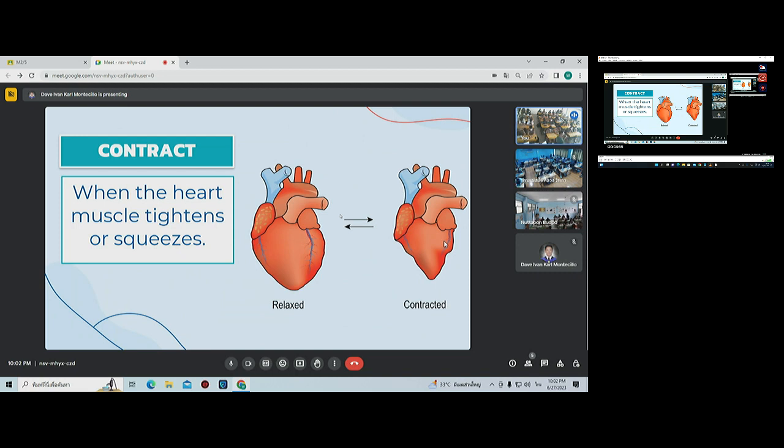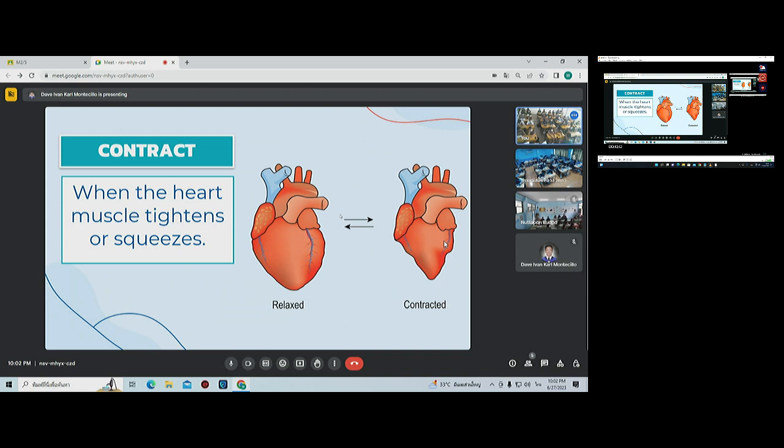Contracted is when the heart muscle tightens or squeezes. Everybody, what is the word? Very good. That is contract. What is your first word again? Do you still remember? Oxygenated. The second word, deoxygenated. The third word, chambers. Very good. And the fourth word, contract.